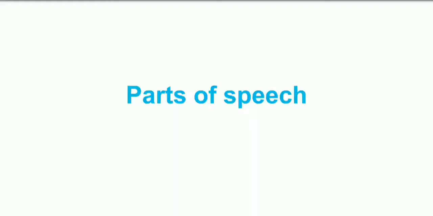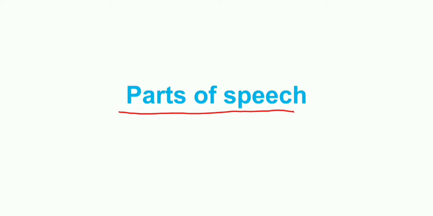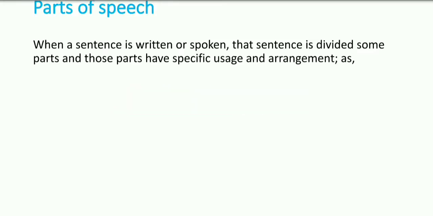Today we shall discuss the parts of speech. Now let us learn what the parts of speech are. By definition, when a sentence is written or spoken, that sentence is divided into parts, and those parts, those words, have a specific usage and a specific arrangement.